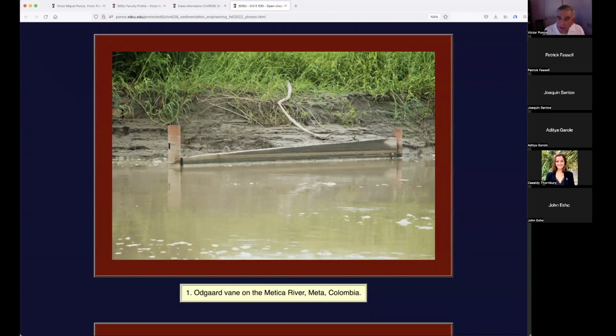That's what this does, control the meandering. You're seeing in here one of them. They're about 10 foot long and about 8 to 10 foot deep, so they're hammered in as if they were piles, as if they were longitudinal piles.